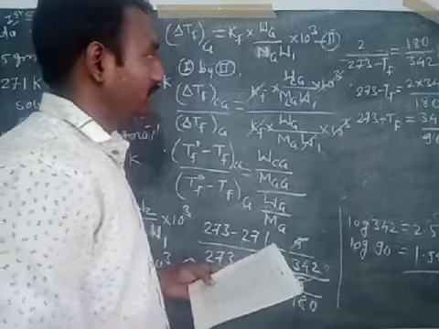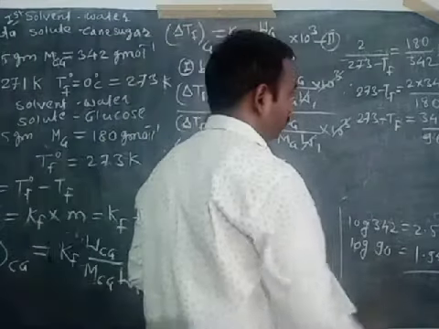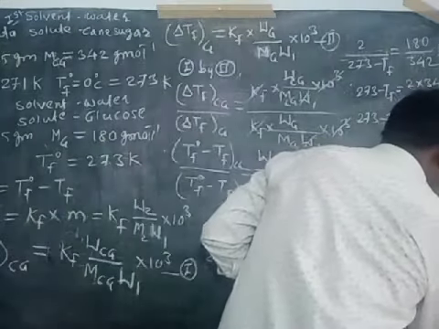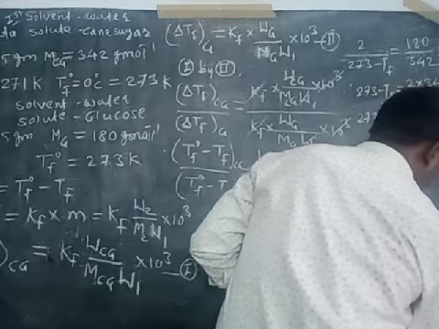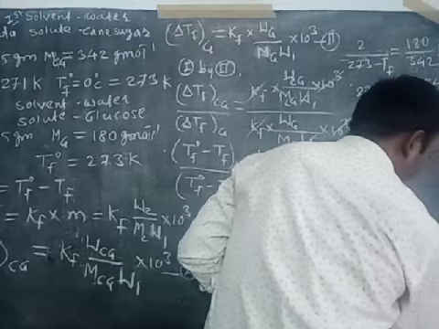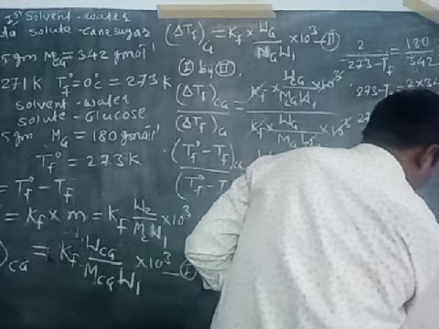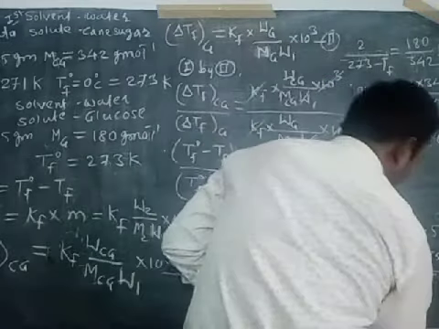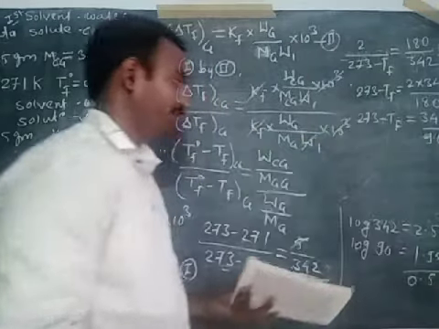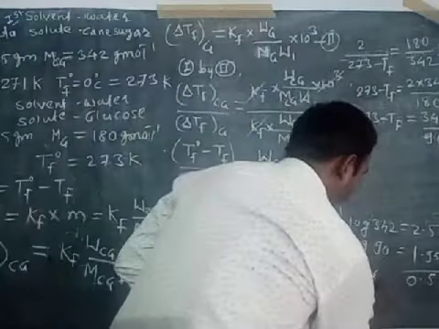Both the terms are in a division, that's why there should be subtraction. Here 9 from 14 minus 9 is 5, and here 2 minus 1, that is 1, and go for the antilog.